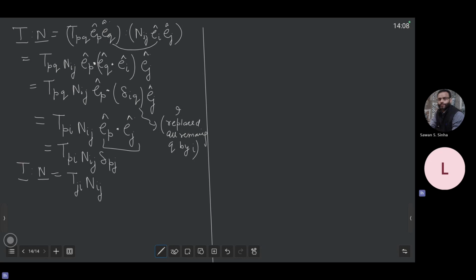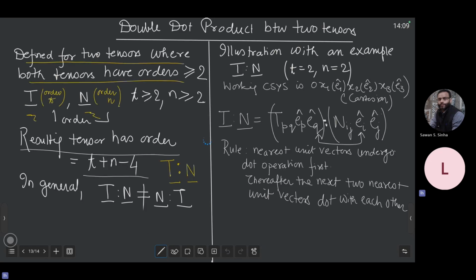Two questions arise. First of all, what order tensor is this? It's a scalar. No unit vectors. Is it in line with what I anticipated? The order of the resulting tensor, t plus n minus 4.